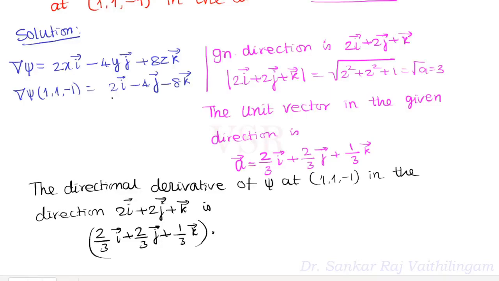So we'll have this is 2i vector minus 4j vector minus 8k vector.